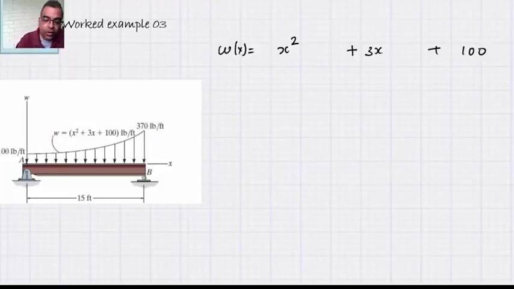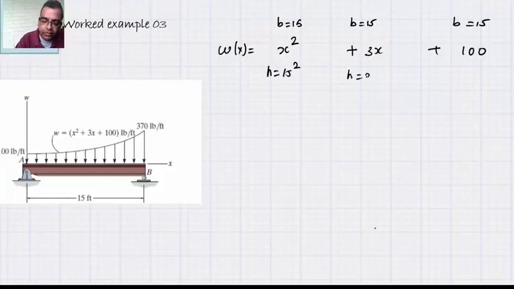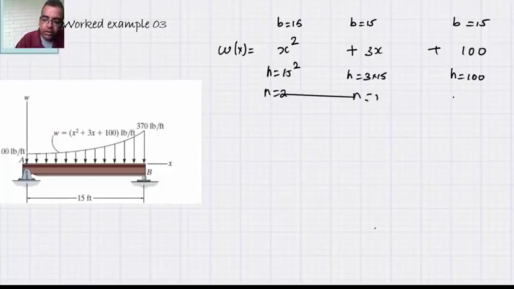So notice for all of them, base equals 15, base equals 15, base equals 15, height equals 15 squared, height equals 3 times 15, height equals 100, n equal to 2, n equal to 1, n equal to 0. So it's pretty easy.